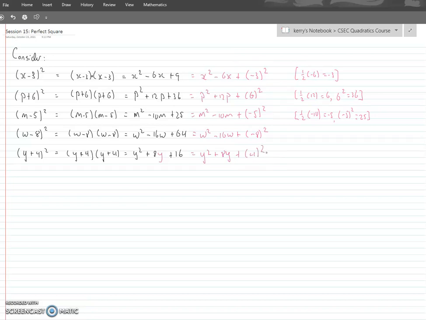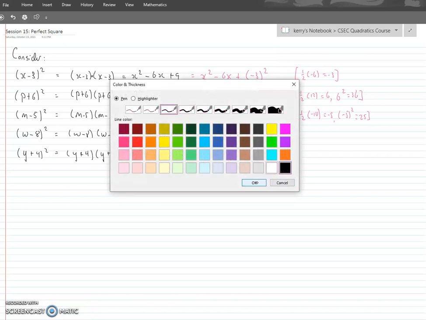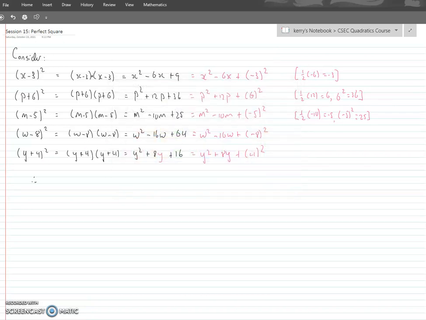So what is a perfect square? A perfect square is any quadratic of the form x squared.